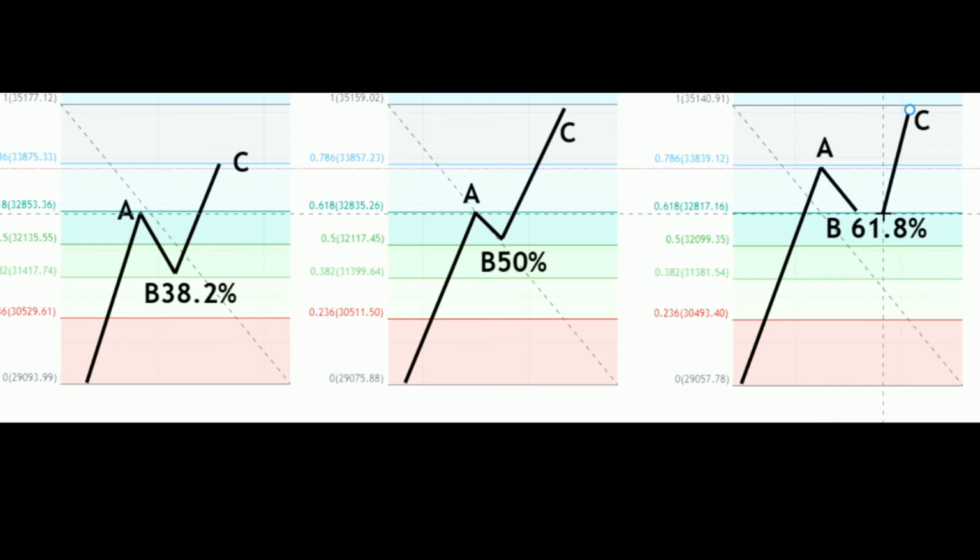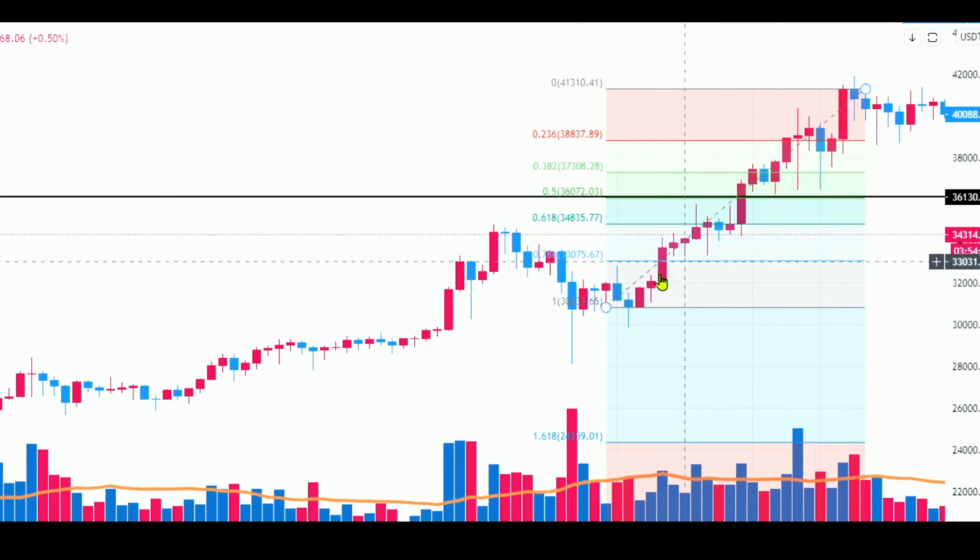The approximation approaches 0.3820 as numbers increase. This is the basis for the 38.2% retracement. Also, note that 1 minus 0.618 equals 0.382.